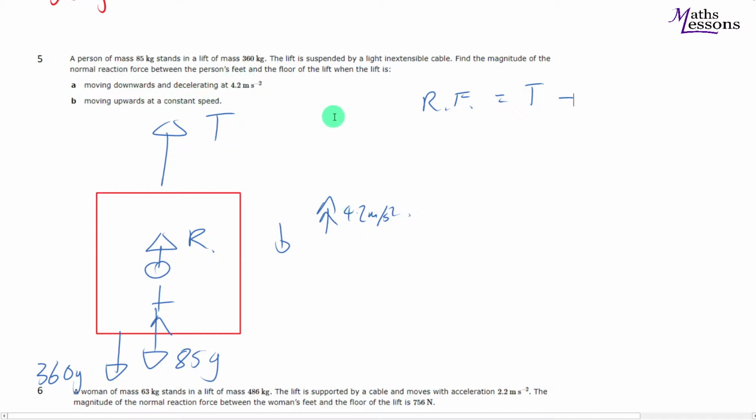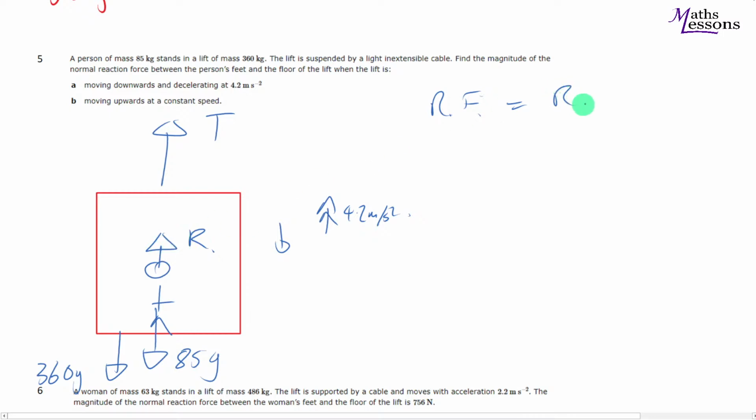Moving downwards and decelerating at 4.2. What we're trying to do is find the magnitude of the normal reaction. Sorry, I was reading the wrong question. Find the normal reaction here.